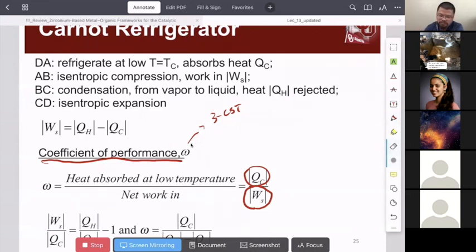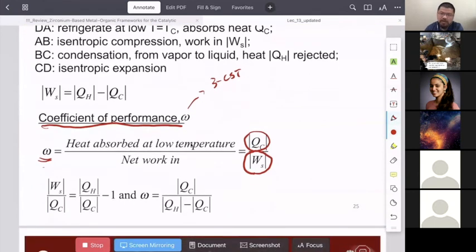So we try to compare the ratio to see what is the best performance. So this is number one. If you think about all the efficiency values we have been talking about, I think we are along the same line. We try to evaluate what is the pay in order to make a change, and what is the actual output we are going to receive. The ratio is always the efficiency, and of course, the higher the efficiency, the better, right? So this is number one.